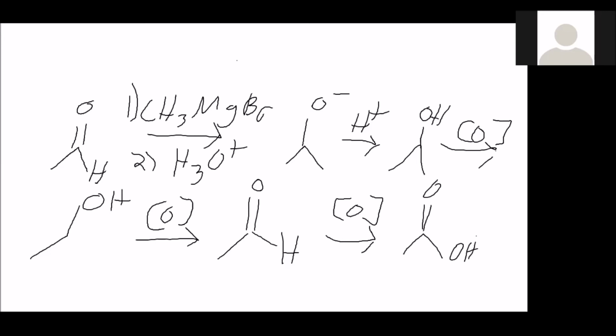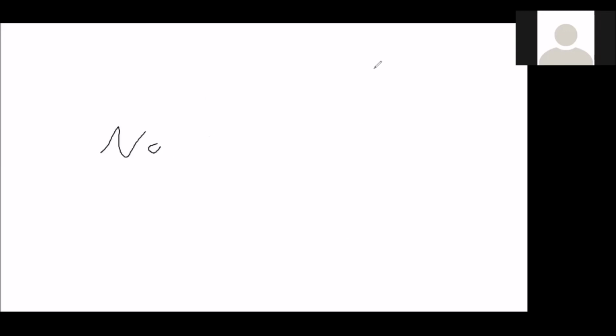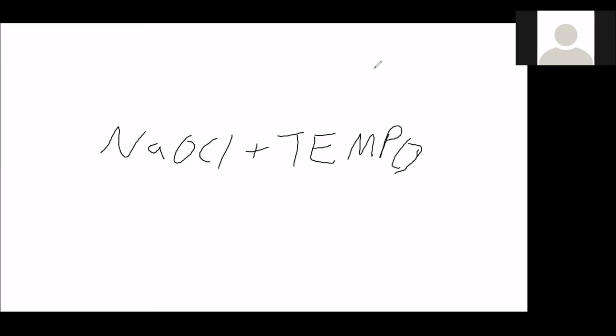So how did we prevent that? We prevented that by using different kinds of oxidative tamers, ways to temper this reaction. We use catalysts like sodium hypochlorite, which is bleach, and TEMPO, which was our compound that tempers the oxidation.